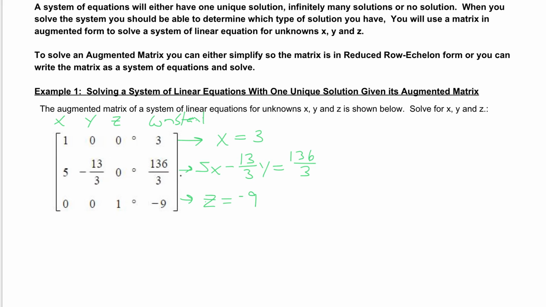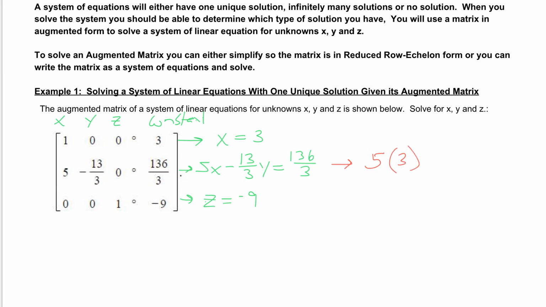Now this one's nice because we already know x and we already know z. So what we have left to find is our y. Well, if we take a look at the middle equation, it has an x and a y. But since we know x is already 3, we can just go ahead and plug that 3 in here. So we have 5, and instead of x, we're going to replace that x with a 3.